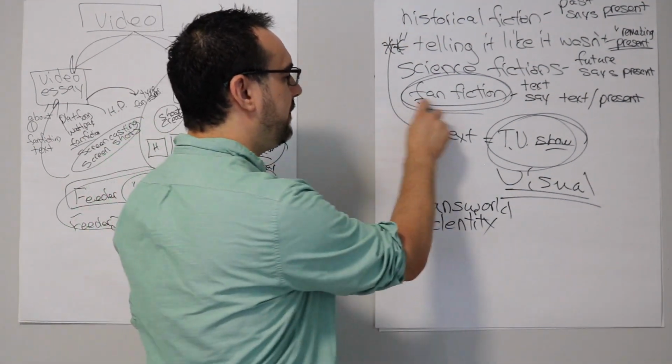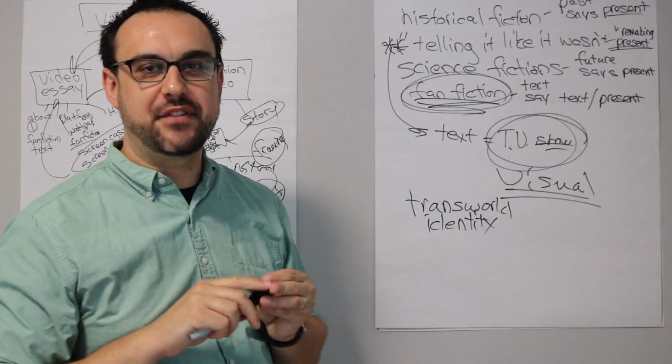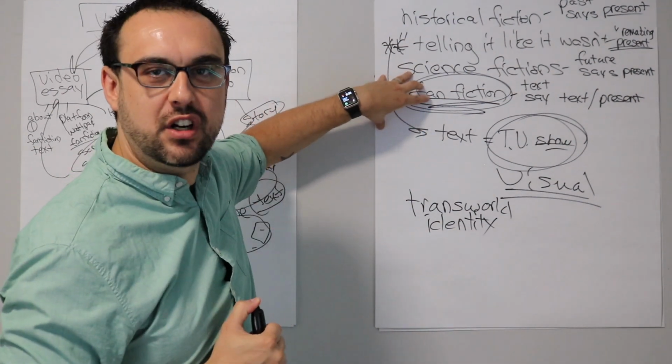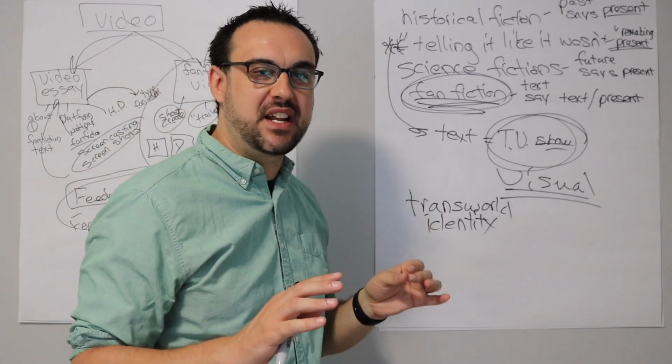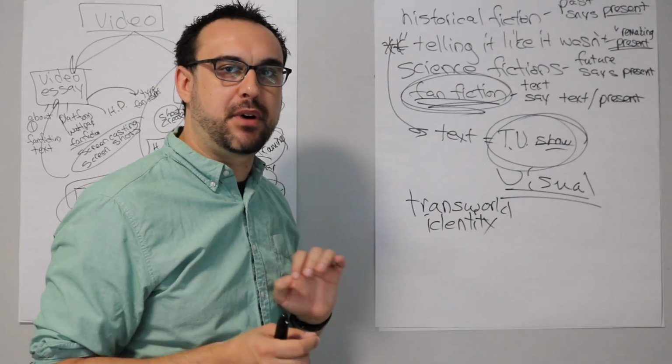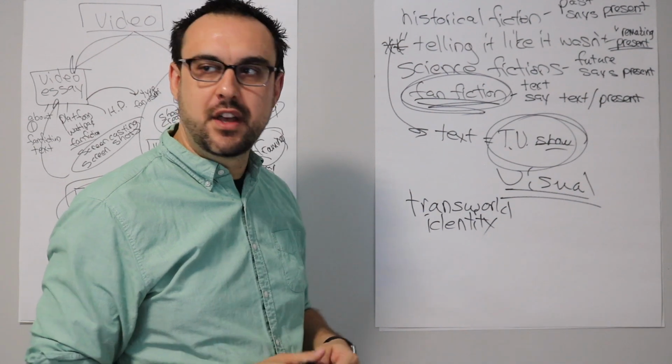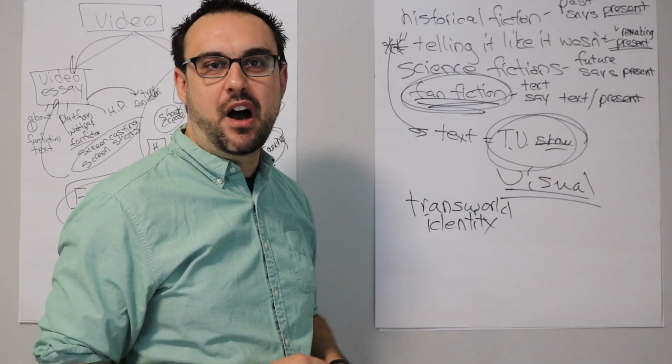Just like fan fiction, right? Where you have the canonical character and then you have them in new situations, where those two identities somehow are different but also the same, okay? So that's what we're going to be reading tonight.